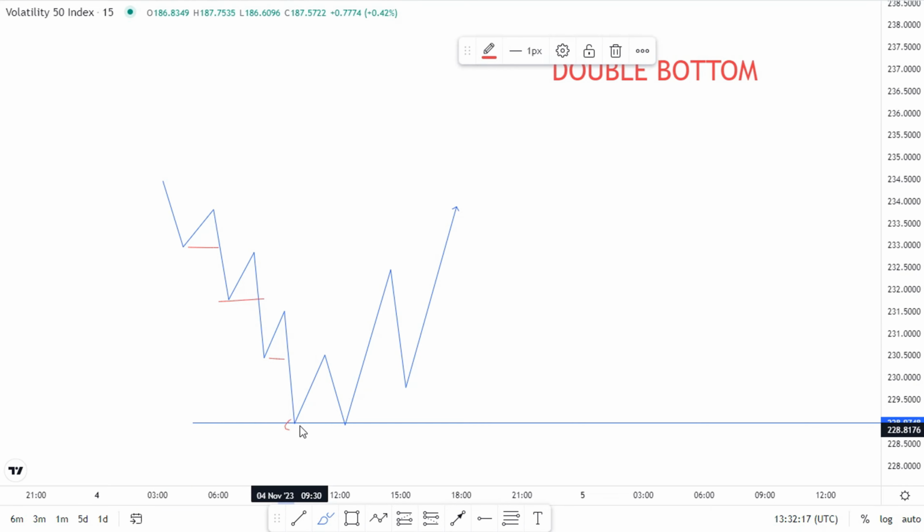For the first time, the market was projected to break this support and went for the pullbacks. Then after this, the second tap here, is when we call it a double bottom. So it tapped double, the first and the second. After the second tap, we saw this market pushing upwards and changing its character by breaking the previous higher low around this area here.